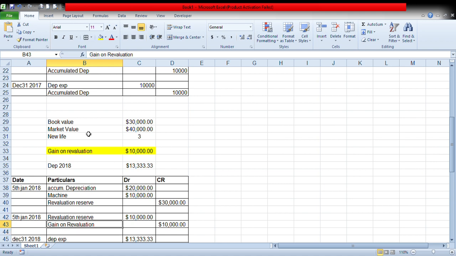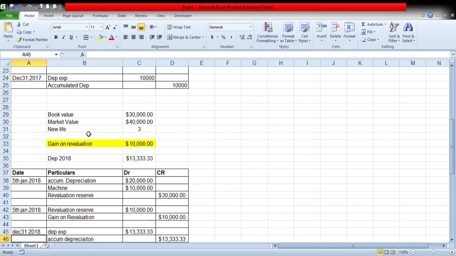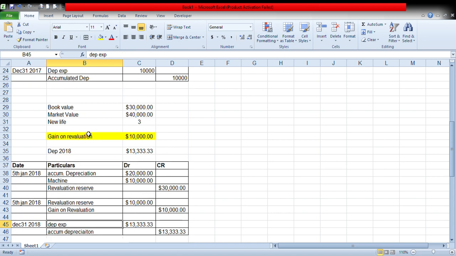The closing entry is gain on revaluation debit, because it's a revenue, retained earnings credit, when we close it, not right now. Then on December 31st, we record the depreciation expense. So these are the 2018 entries.